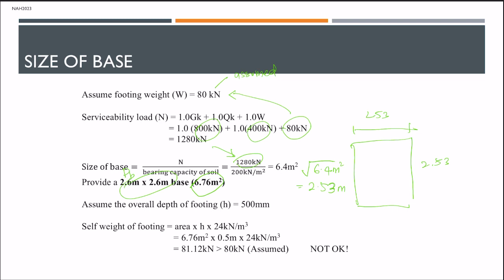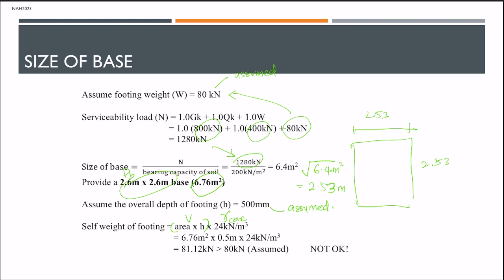Then we need to assume the overall depth of footing, or H. This one is also not given, so assume also. From this assumption we can check whether our assumption is correct or not. Self-weight of the footing equals area times H, which means these two are the volume, times the unit weight of concrete, which is standard 24 kilonewton per meter cube.